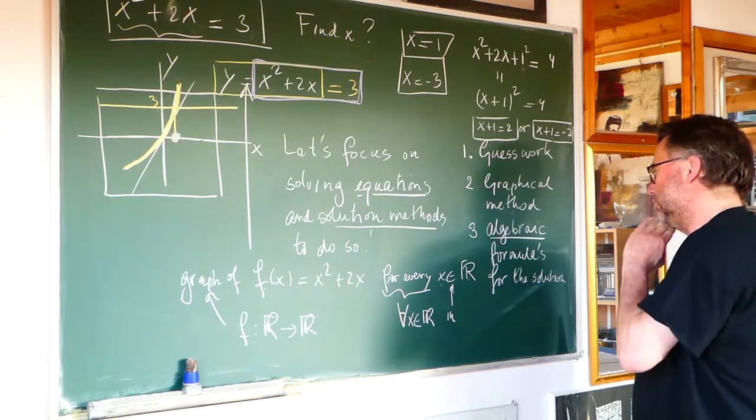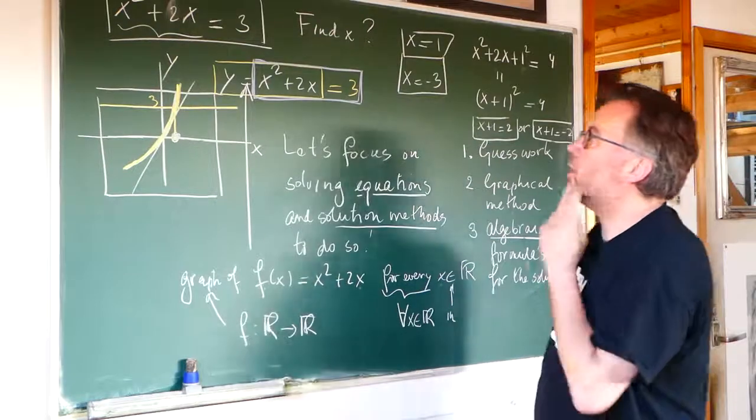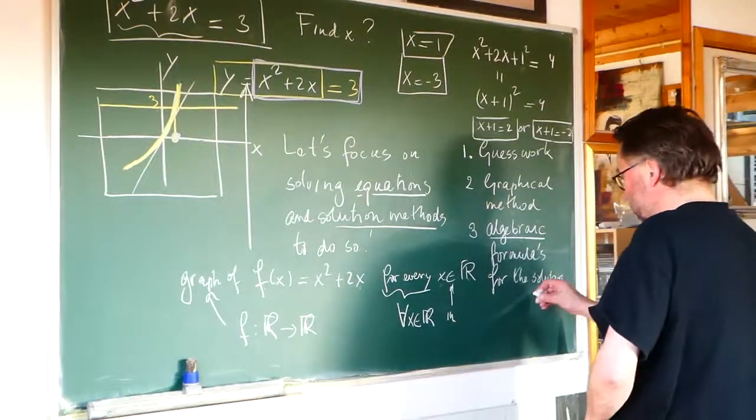So this is the algebraic method that works for equations with an x squared and an x, and it's based on completing the square.